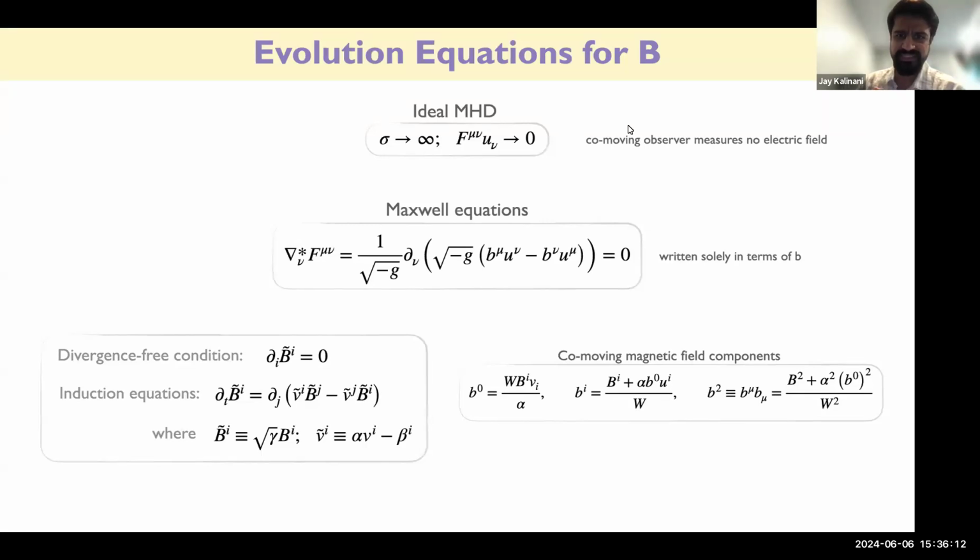So the Maxwell equations can then be recast solely in terms of small b, as written here. And this can be broken down into the divergence-free condition as well as the induction equations for B here. And the co-moving magnetic field components are also shown here in terms of the big B, or the Eulerian B.